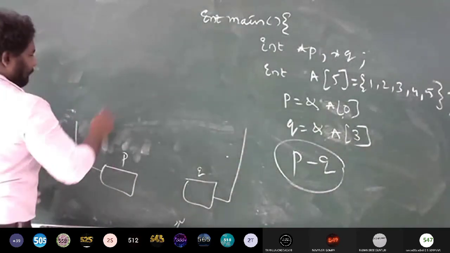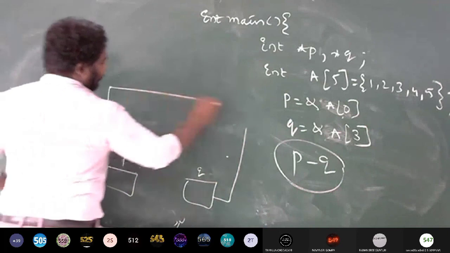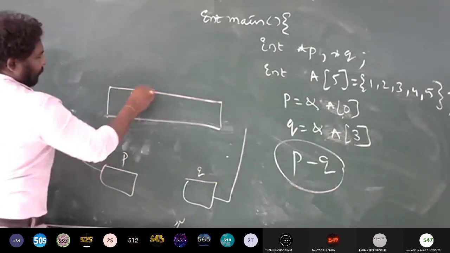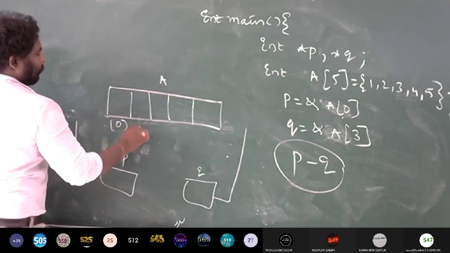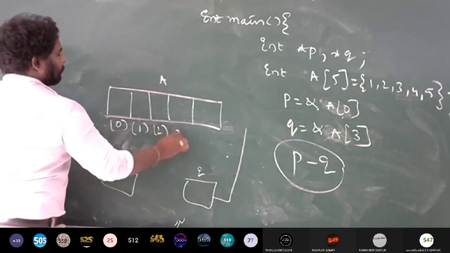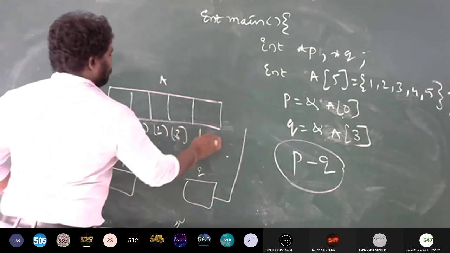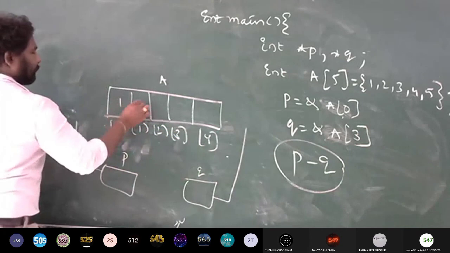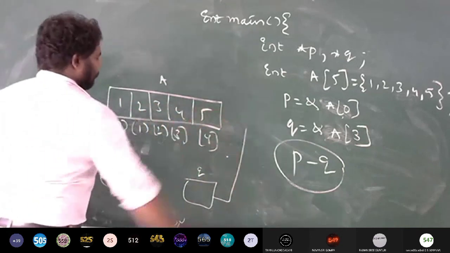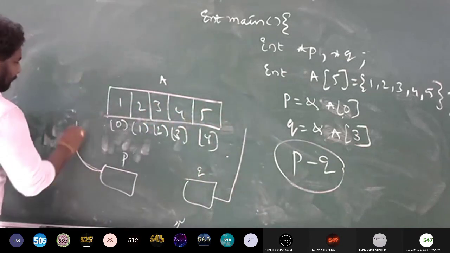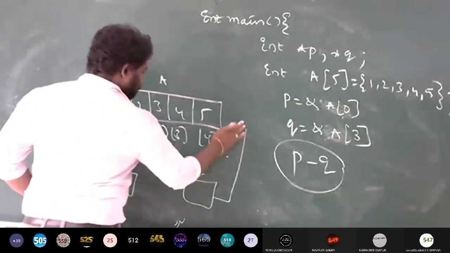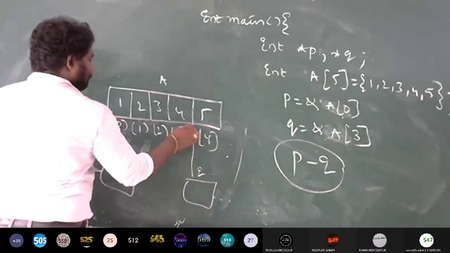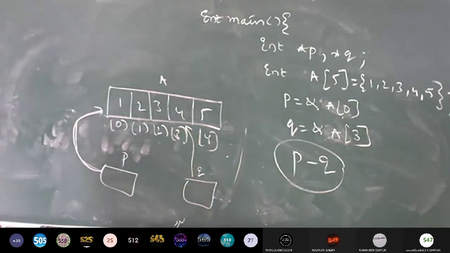I have to draw an array A with indexes 0, 1, 2, 3, and 4, and the values are 1, 2, 3, 4, 5. P is pointing to the first element, and Q is pointing to the third index.